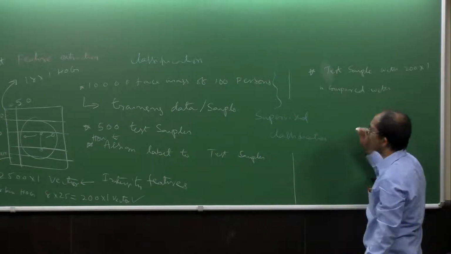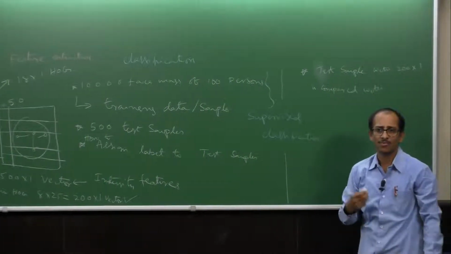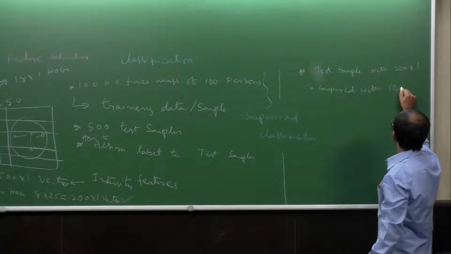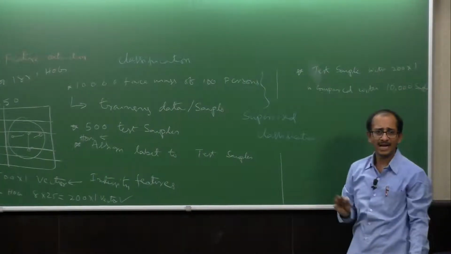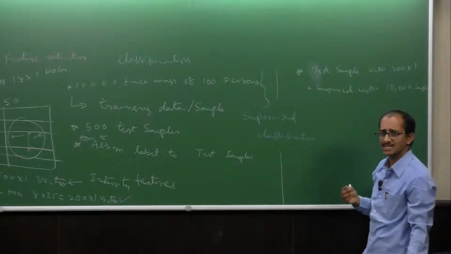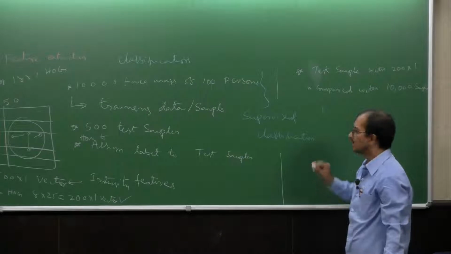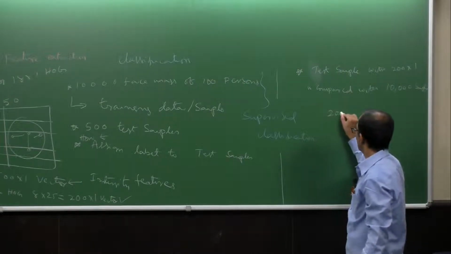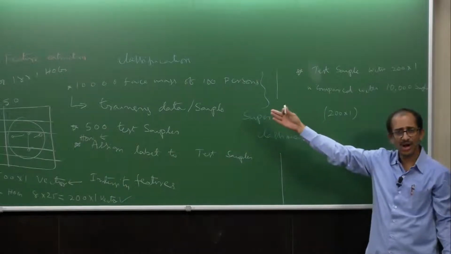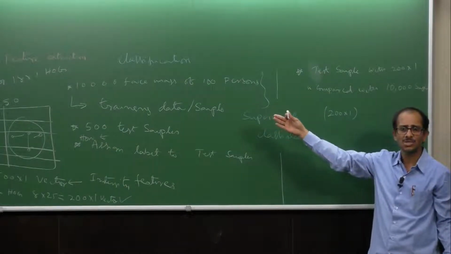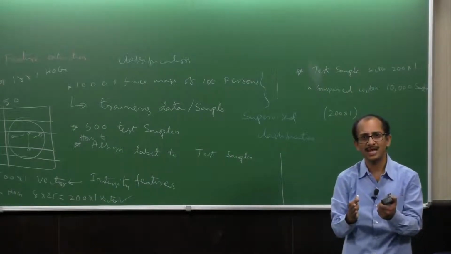If we want to do that, how much computational complexity do we need? We have 10,000 samples, and we identify the nearest neighbor. So how many computations are needed for doing this? Say one test sample, fine, but it is of dimension 200 cross 1, and it has to be compared with all of them, which are again 200 cross 1 dimension. For each comparison, how many computations are needed?